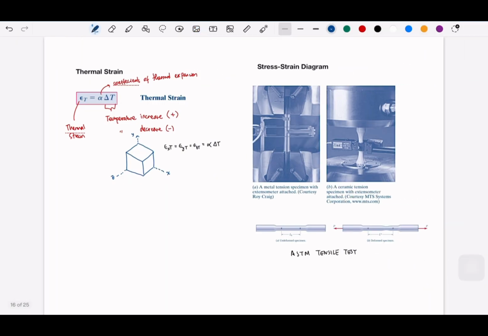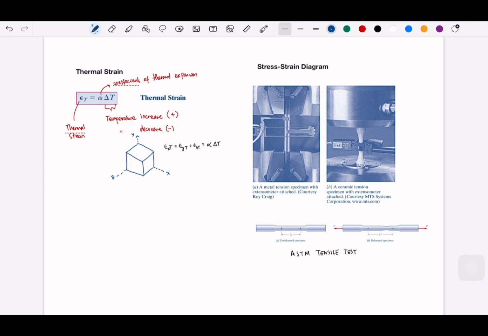And then I'm adding some additional notes on thermal strain. So strain that is because of the temperature, because of the difference of the temperature, whether it's an increase or decrease, and there will be a slight strain because of this temperature difference.